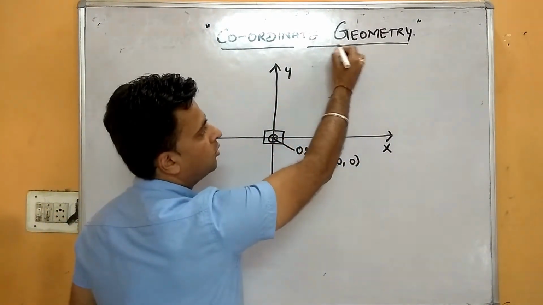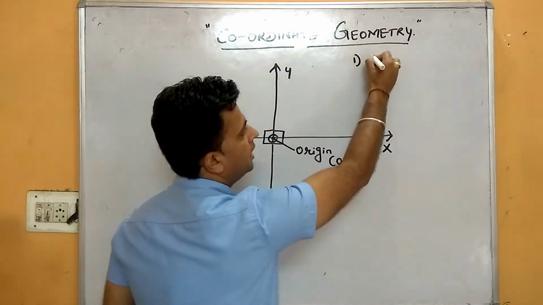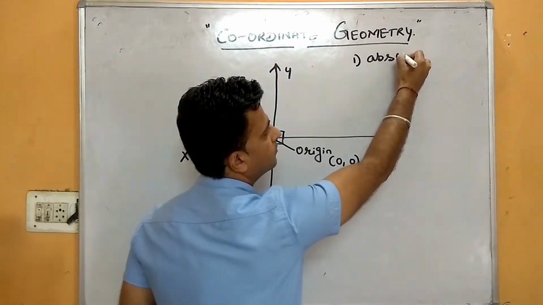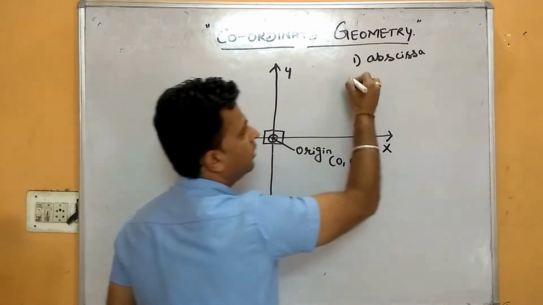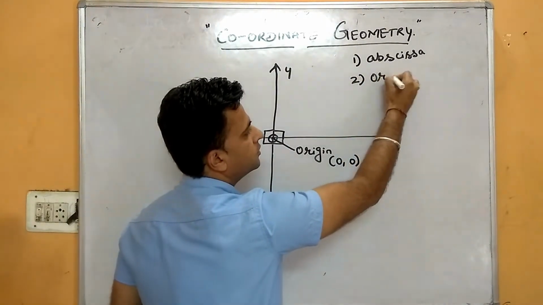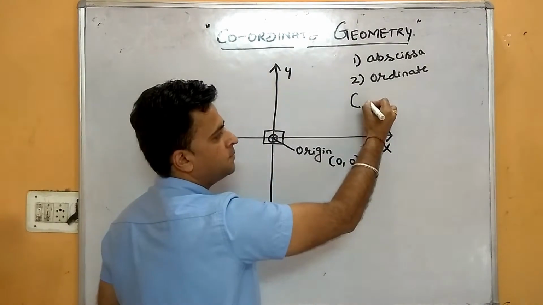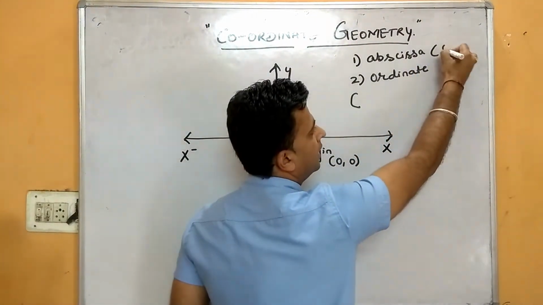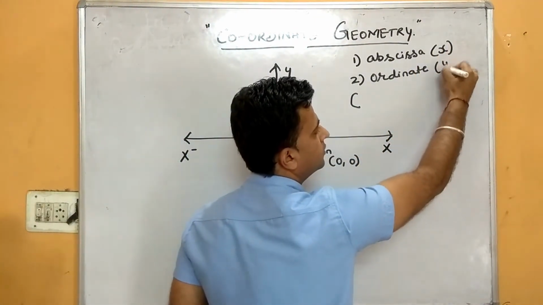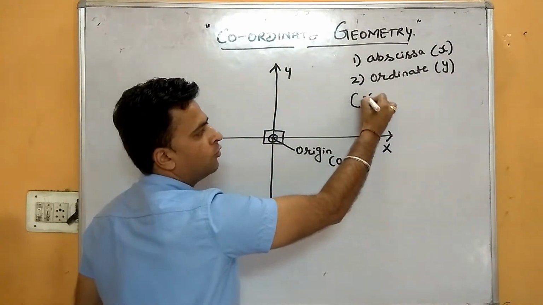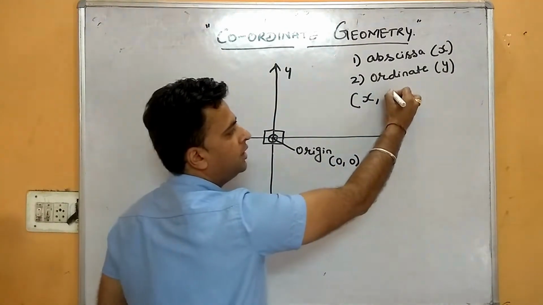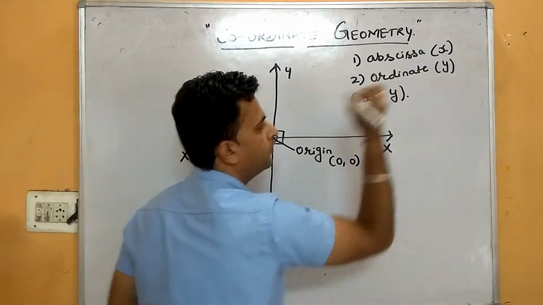A coordinate comprises two things: one abscissa, second ordinate. Always first we write the abscissa and then the ordinate. Abscissa is the value of x and ordinate is the value of y.